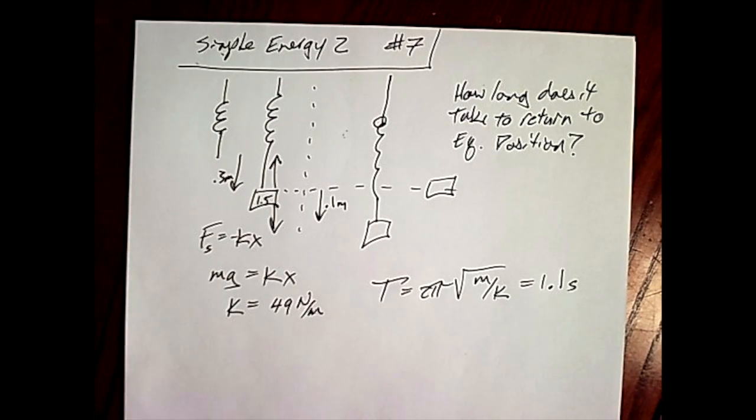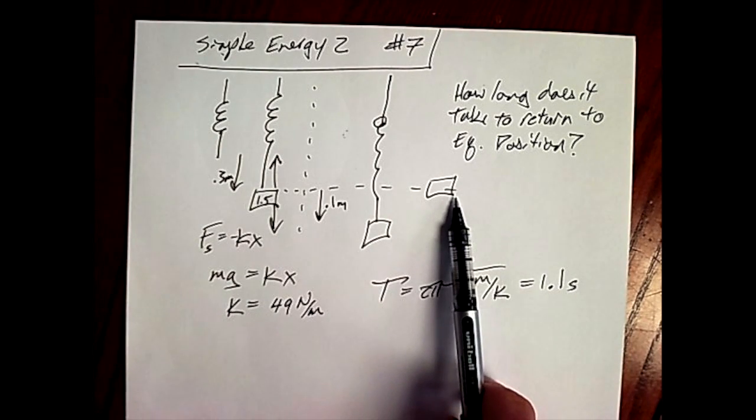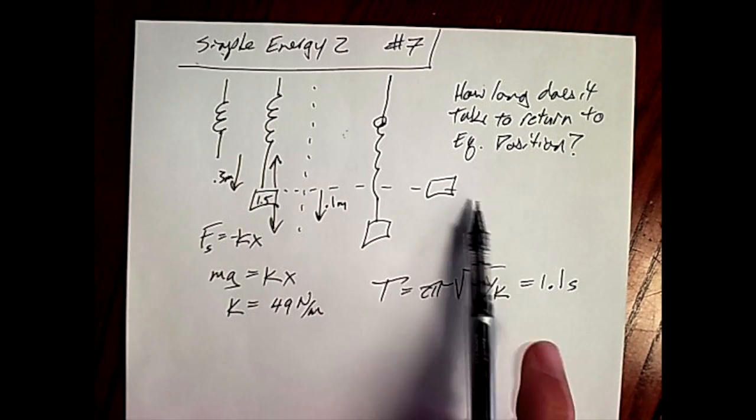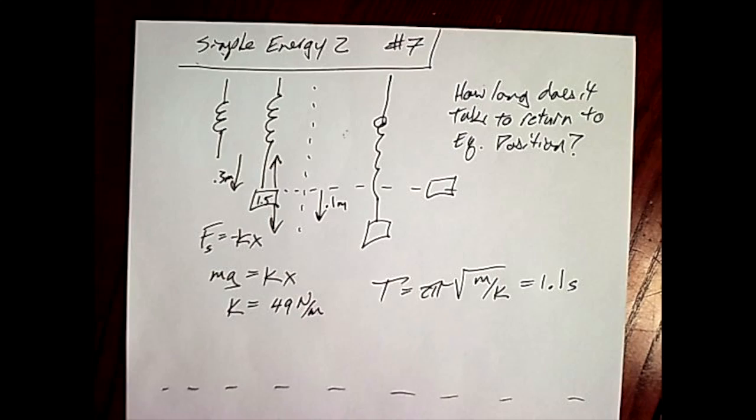The problem with that is that it defines the time for one complete cycle. And going from here back to the equilibrium position is not a complete cycle. So it's best to look at it and think about it as waves.